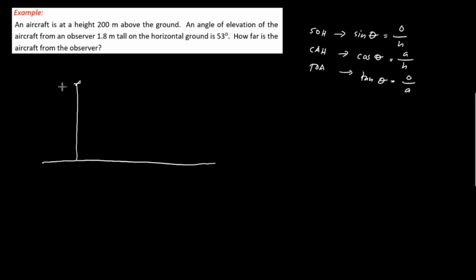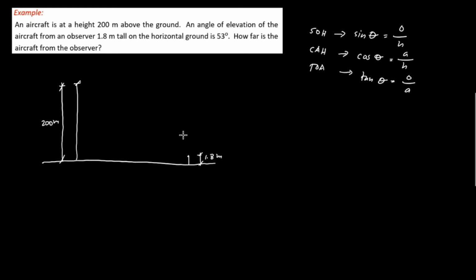This is the aircraft, which is at a height of 200 meters above the ground, and an observer, who is 1.8 meters tall. So this is the observer, and the height is equal to 1.8 meters.